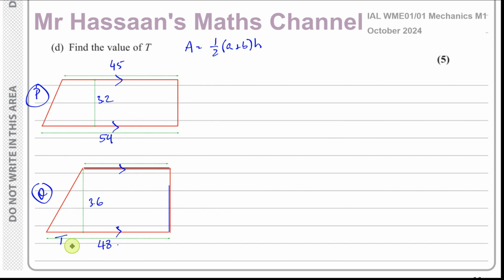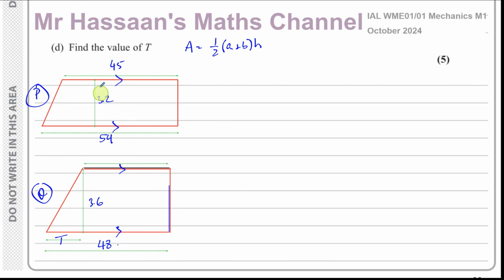So the length all the way from the beginning to the end is 48. And the distance from here to here is going to be 48 minus t. T goes from here to here. The distance we're looking for, the other parallel side, is going to be 48 minus t.